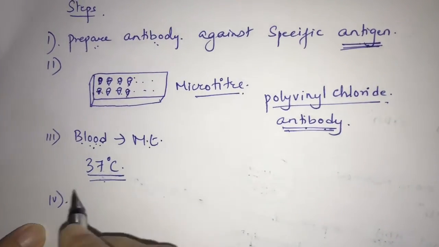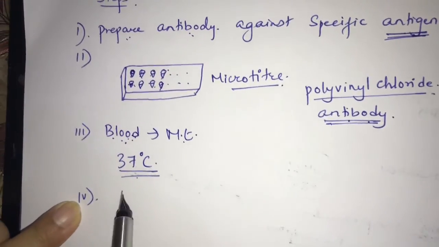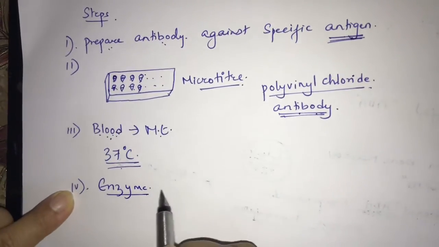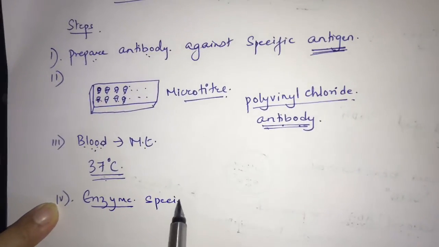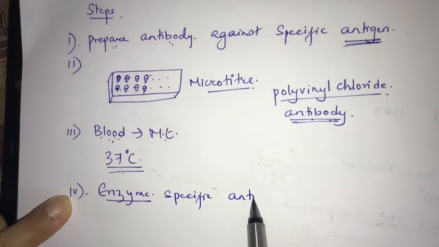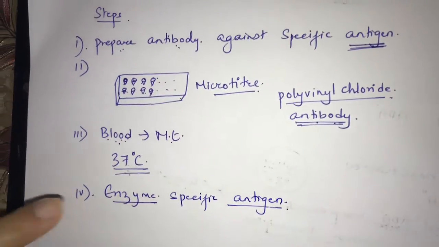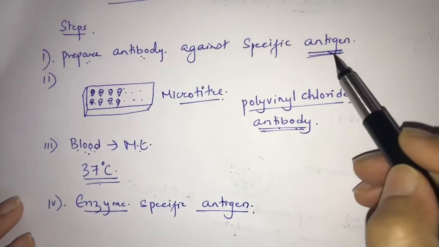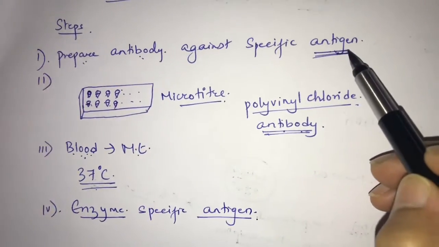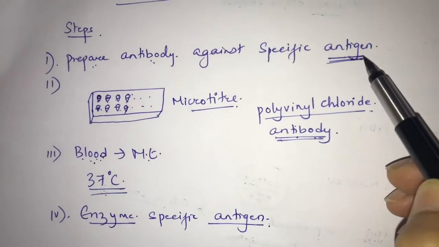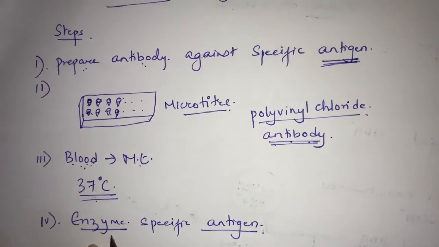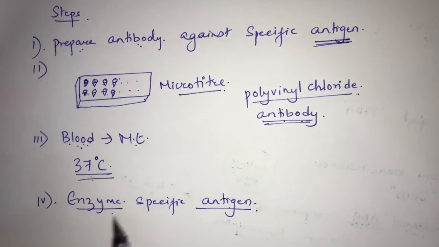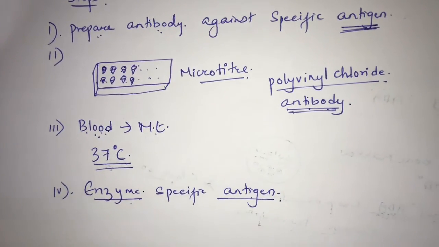Now after that we need to add an enzyme which is specific to the antigen, because we are suspecting that the person is suffering from a certain disease, so we have prepared that antibody against that particular antigen, and that antigen will have a specific enzyme which can form a complex with this antigen.